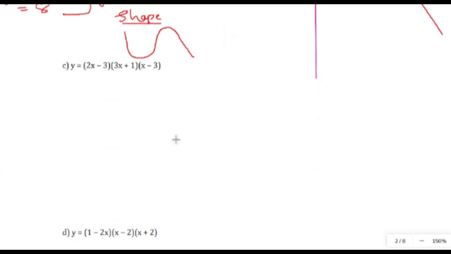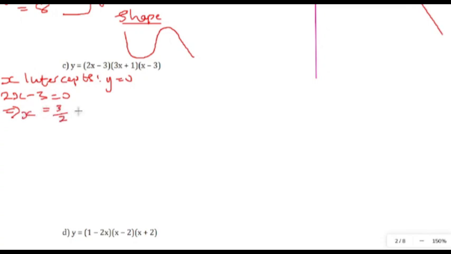Now let's take another example. C, let's quickly calculate our x-intercept. So for the x-intercepts, we make y is equals to 0. That leads us to 2x minus 3 is equals to 0, which implies that x is equals to 3 over 2, which is 1.5.